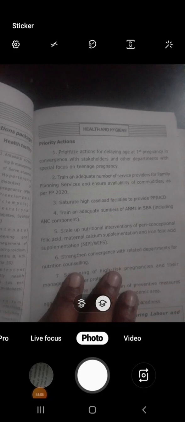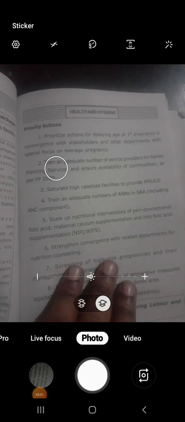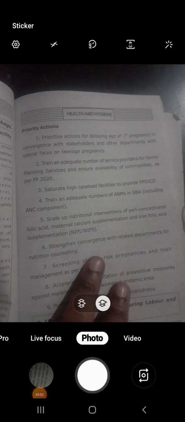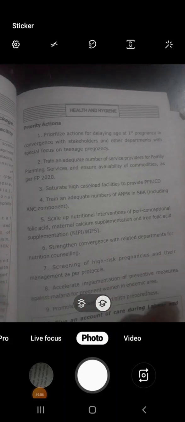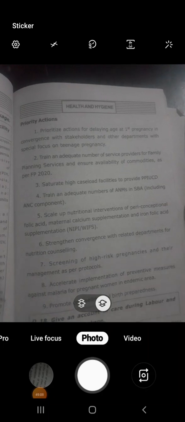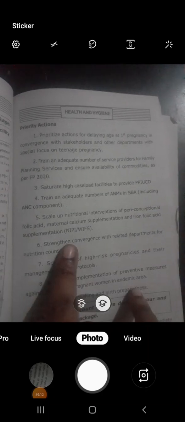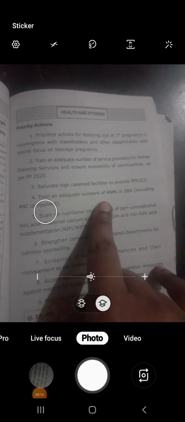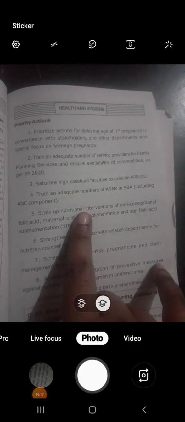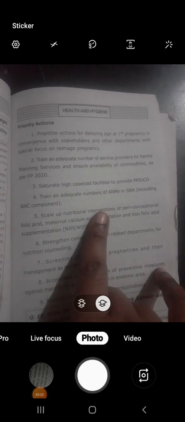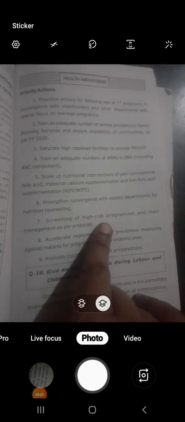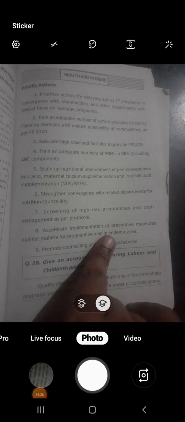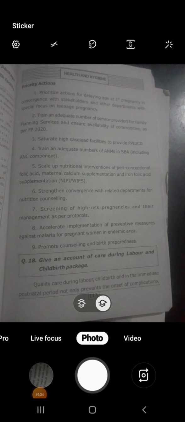The priority actions we are going to have here are delaying age at first pregnancy, engaging stakeholders with other departments on teenage pregnancy, since we get pregnancies at a very young age, and also family planning services, saturating high caseload facilities to provide PPIUCD, and advocating with members of ANMs, nutritional interventions, strengthening convergence, screening of high risk pregnancies, accelerating implementation of preventive measures, counseling and birth preparedness. So these are the things we are going to have.